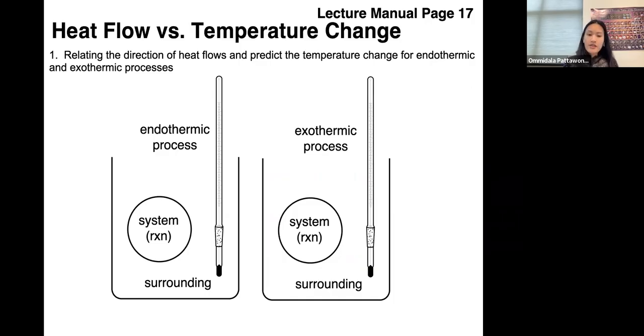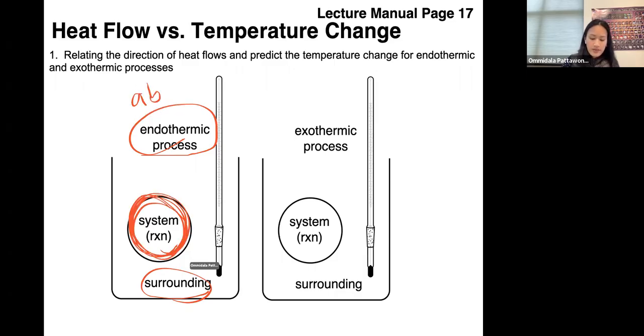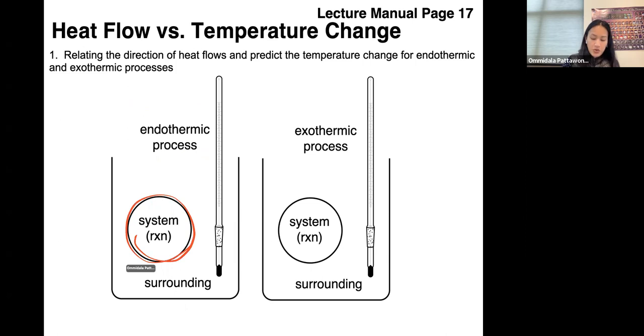In the previous video, we looked at heat flow, right? For example, looking at the difference between system and surroundings, because we're looking at endothermic, we know that endothermic is absorbing, and we focus on the system. The system is the one that is absorbing heat. Therefore, the direction of the heat flow would be coming into the system.